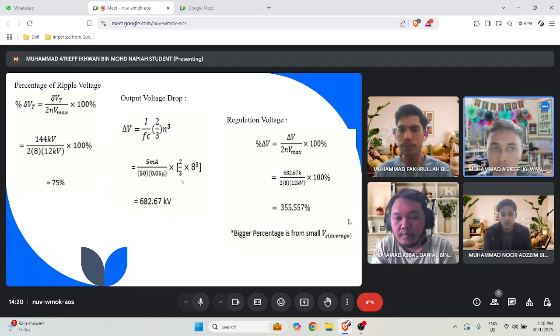Then we will proceed to the regulation voltage. To get the regulation voltage, the output voltage drop will be divided by 2n Vmax times 100%.